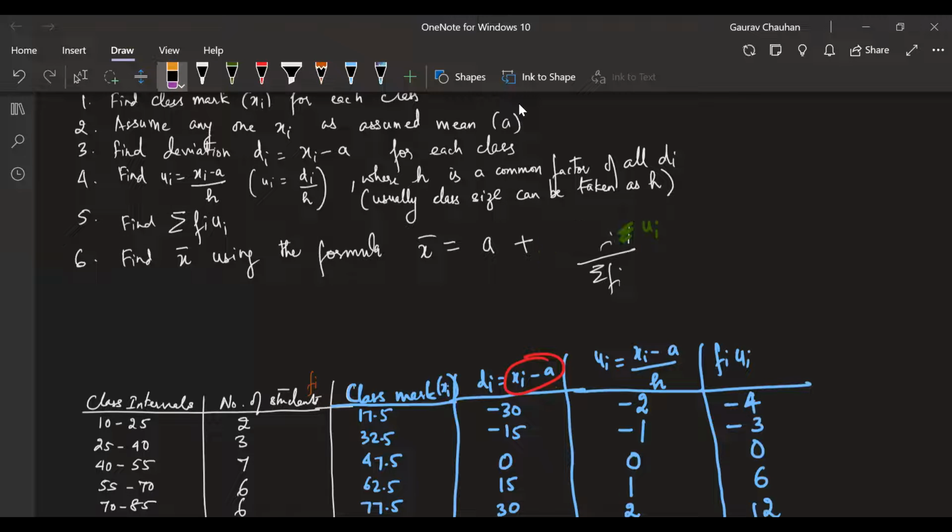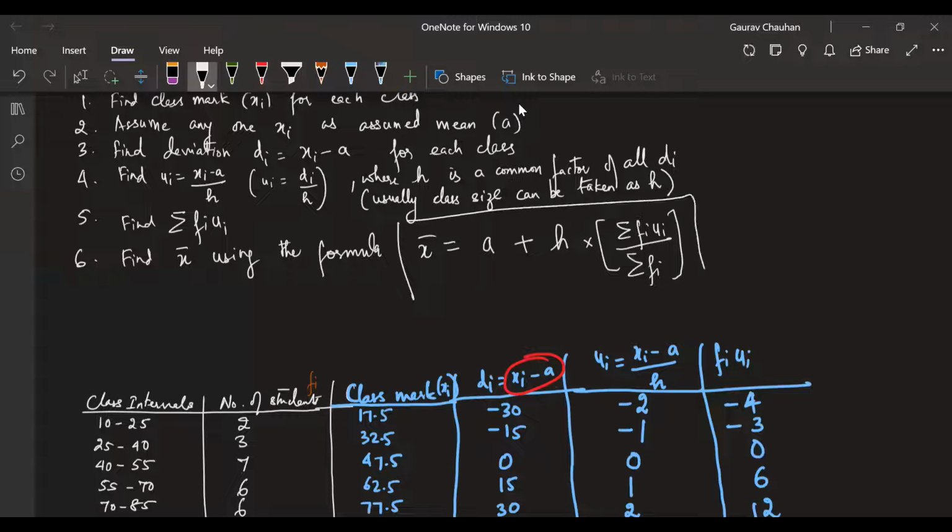So the formula becomes a plus h into sigma fi ui by sigma fi. Everything is the same here, just a little extra step. You're dividing by h, and then later on you're multiplying. The reason for doing this is so that the multiplication becomes smaller and easy to calculate.